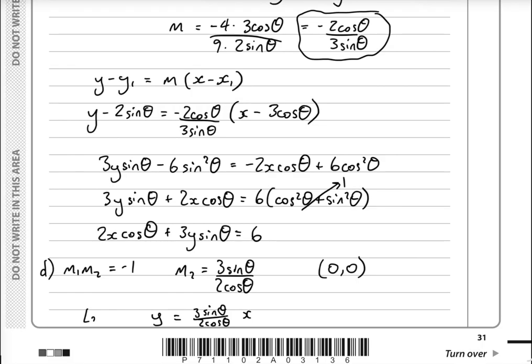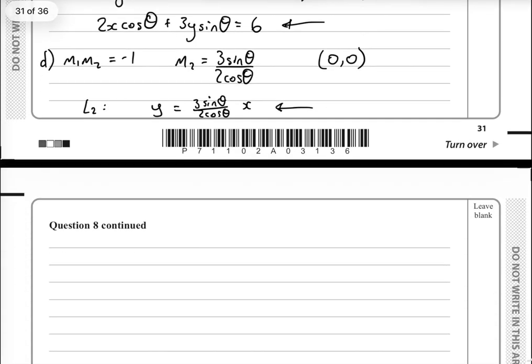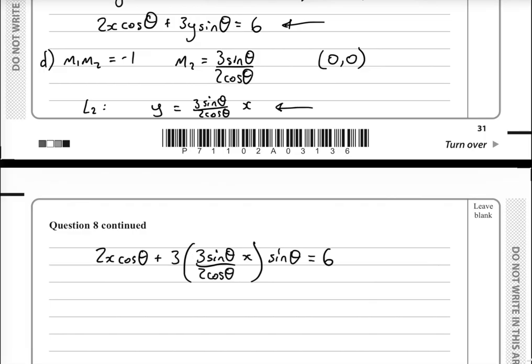So there it is. That's L2. Now we want to know where L2 and L1 intersect. So the equation here for L1, equation here for L2, put them together. So I'll substitute in 2x cos theta plus 3 lots of y from the other equation, 3 sine theta x over 2 cos theta. Back to the first equation, sine theta equals 6.